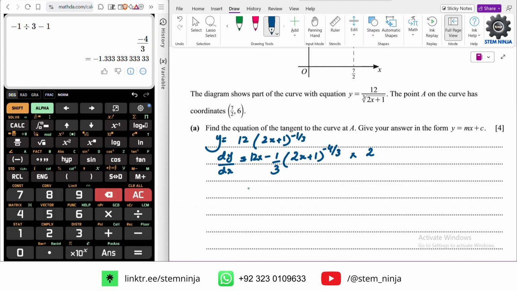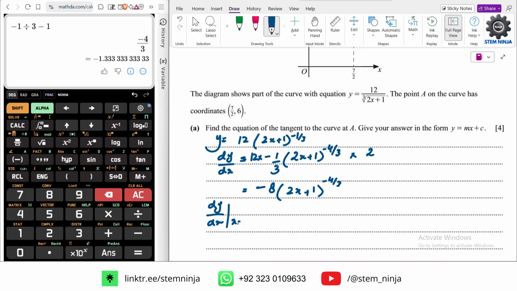So 24 divided by 3 is 8, and there's a minus sign also, so minus 8 (2x plus 1) to the power minus 4 over 3.